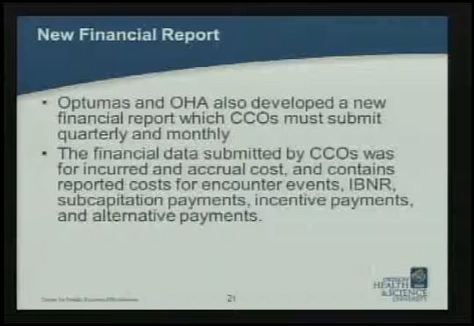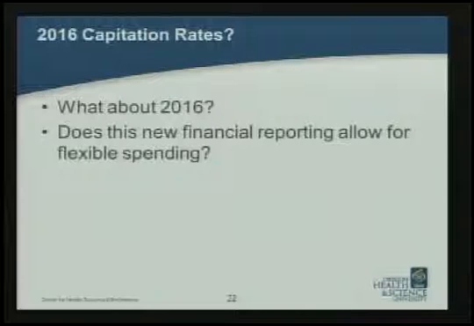But the real idea here, I think, is this new data verification process that Optumas and the Oregon Health Authority came up with together now basically requires every month and every quarter coordinated care organizations to be reporting a lot of data to them about basically their entire financial profile in order to solve this problem of having endemic shortcomings in the data we submit to the federal government.